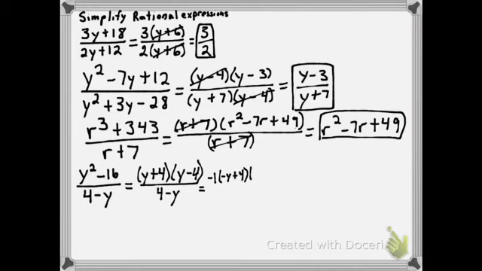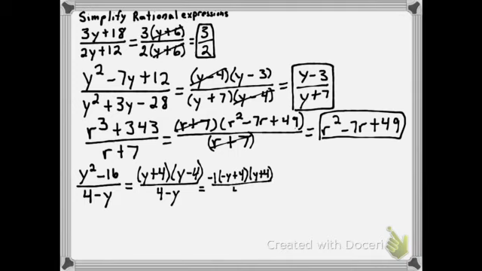And then we still have that y plus 4. The y plus 4 is not changing, and so we're just going to leave it. But now, the negative y plus 4 and the y plus 4, they're not the same thing either, because this y is positive and this y is negative.